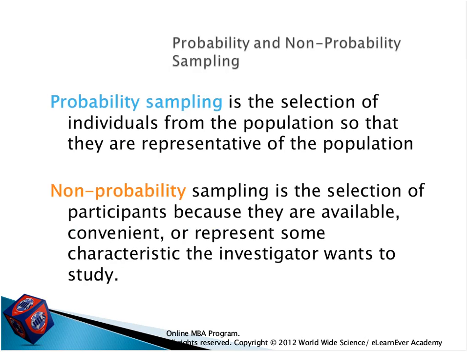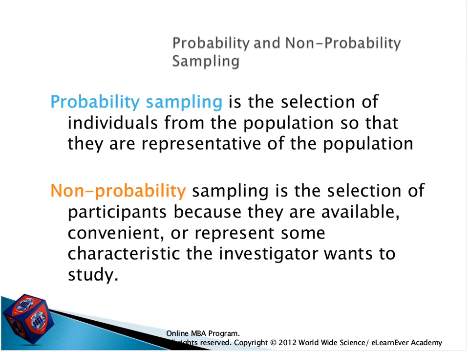So we have probability and non-probability sampling. Probability sampling is the selection of individuals from the population so that they are representative of the population. Non-probability sampling is the selection of participants because they are available, convenient, or represent some characteristic the investigator wants to study.